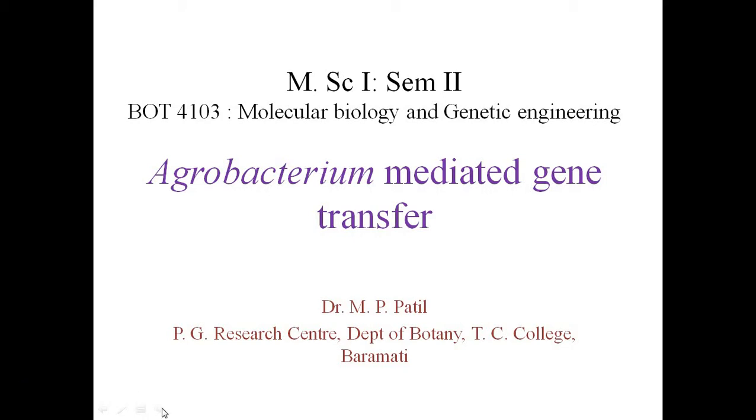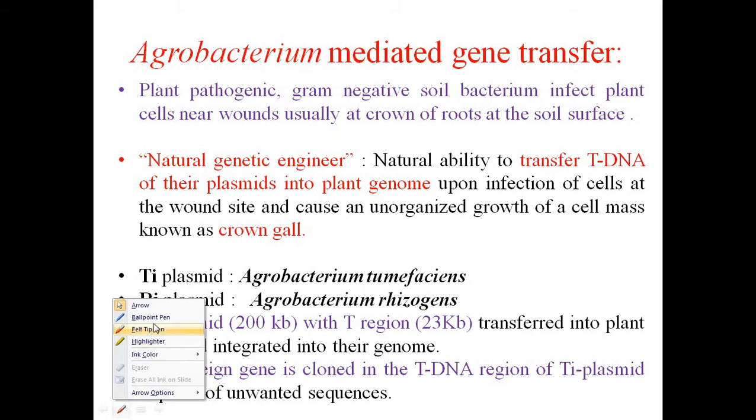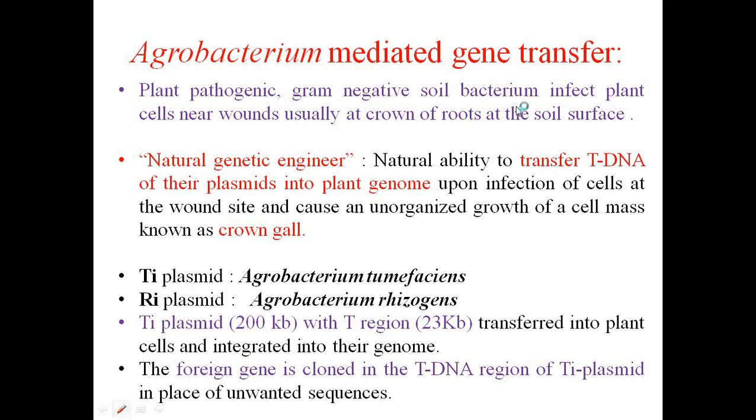So Agrobacterium is a soil bacterium and it is gram negative. It infects the plant cell near wounds, usually at the crown of a root, which is near the soil surface.